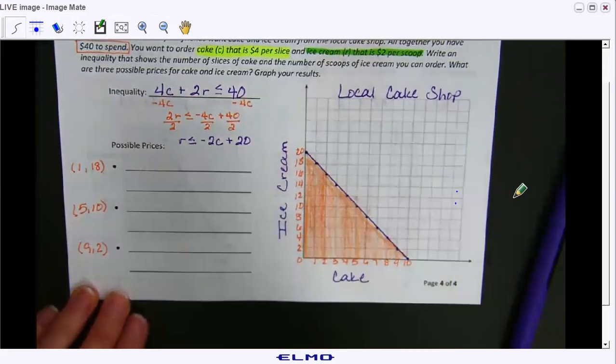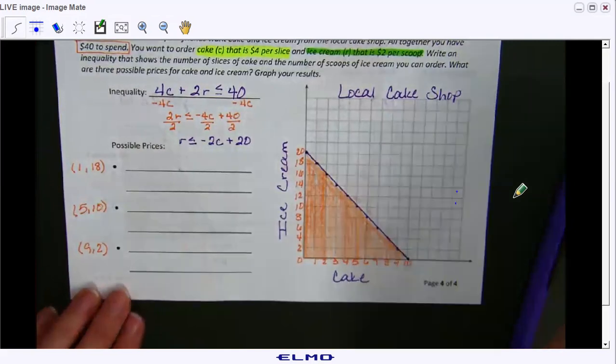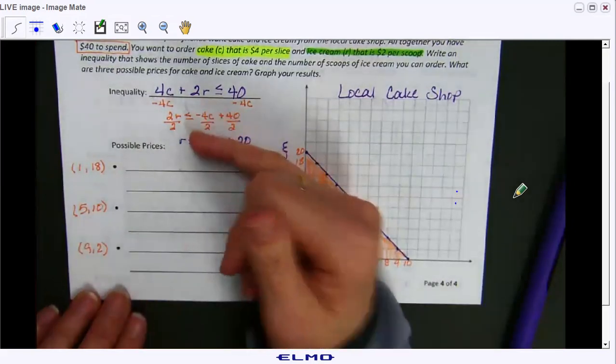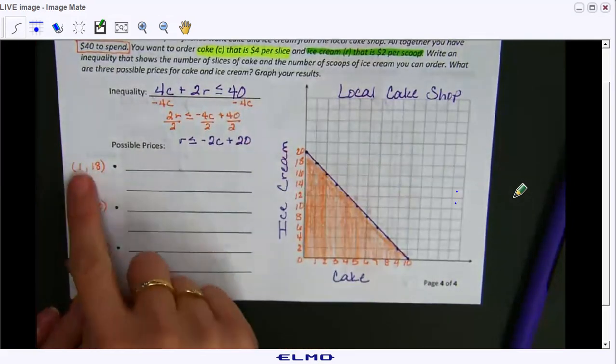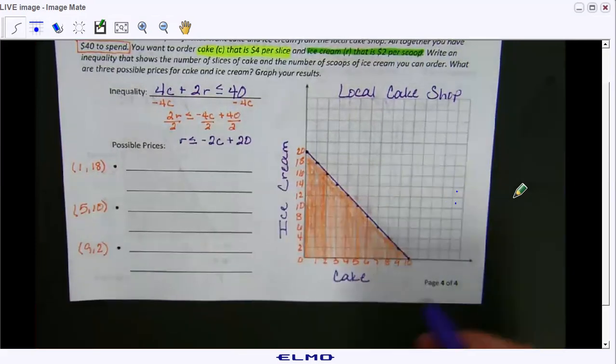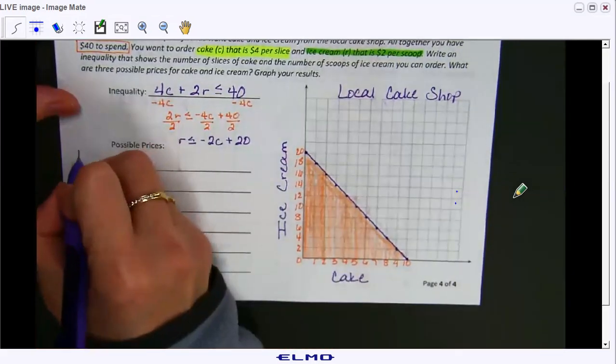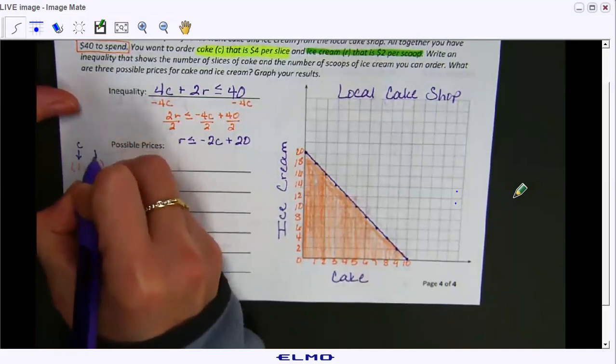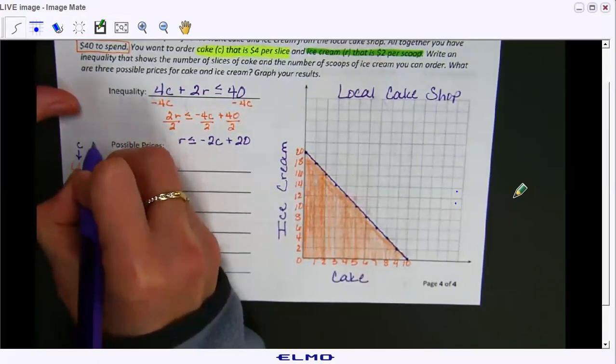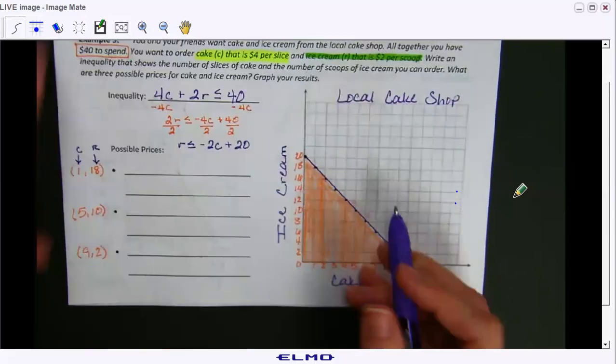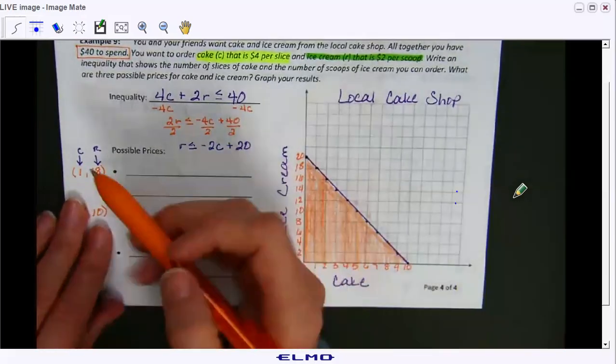Now, I didn't leave any space on this one, because you should be able to do this part and kind of figure it out. First of all, this represents cake and this represents ice cream, the R. I'm going to show you a shortcut.